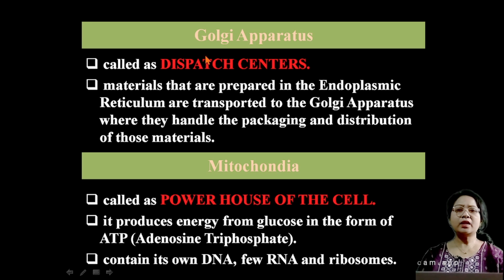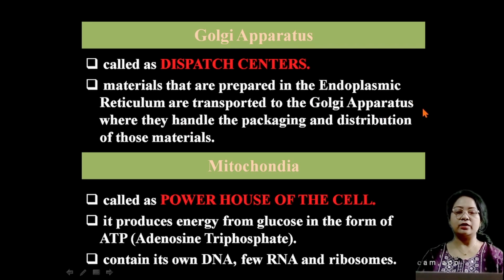Okay, so these are what are called dispatch centers, because the materials that are prepared in the endoplasmic reticulum are transported to the Golgi apparatus. So those molecules or materials, the fat molecules or the protein molecules that the endoplasmic reticulum makes, are transported to the Golgi apparatus. The Golgi apparatus is also called Golgi bodies.